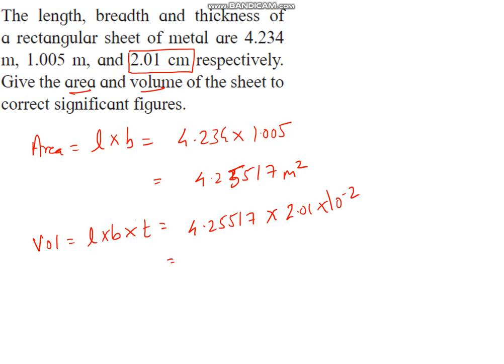Now when you multiply, you will get something 4 to 8 के आसपास. The perfect answer is 8.56 into 10 raised to minus 2 meter cube, or you can simply write it as 0.0856 meter cube. Let us go ahead with the next sum.